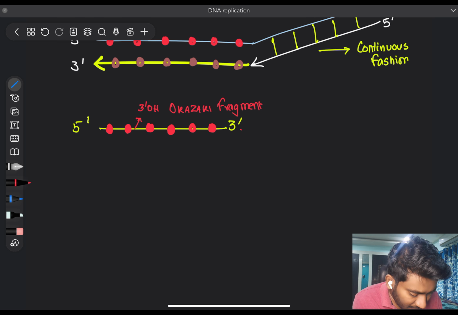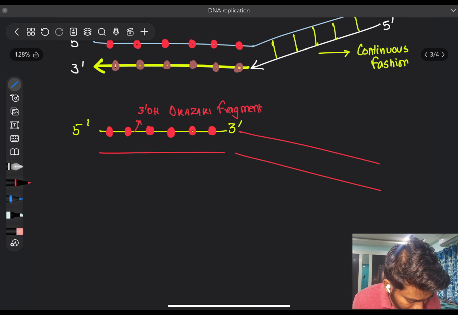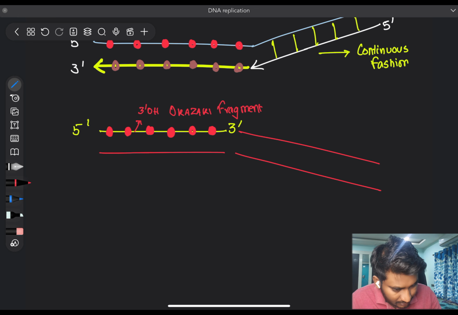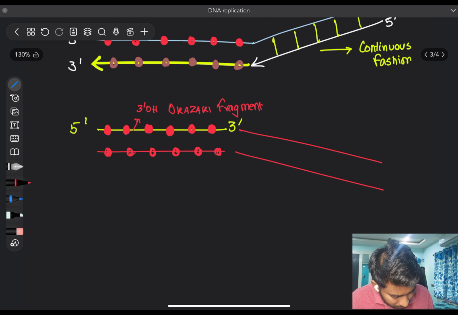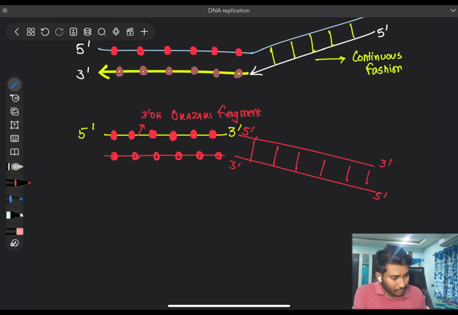And this is 5 prime, this is 3 prime, this is 5 prime and this is 3 prime. Okay, this is called the Okazaki fragment.